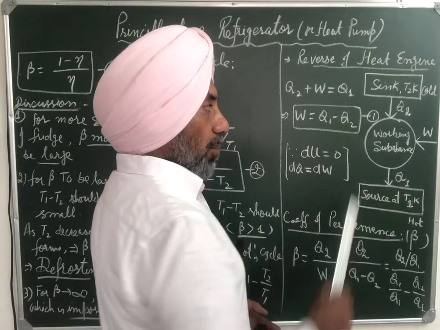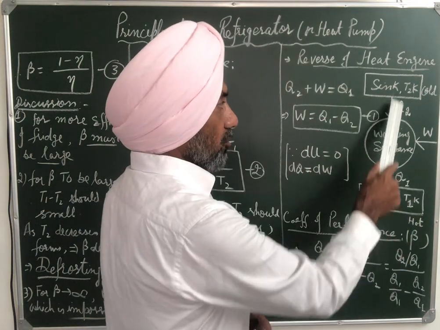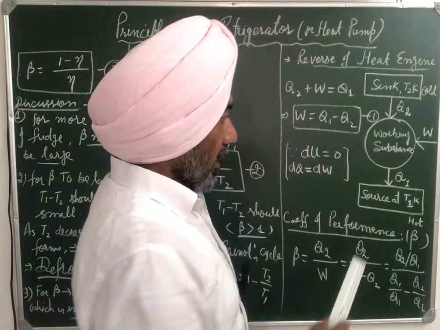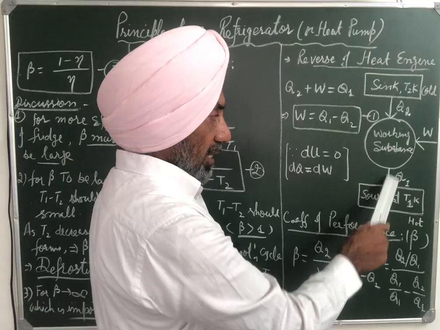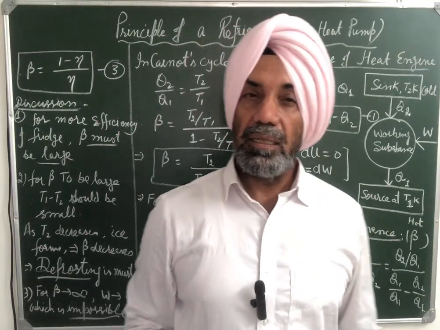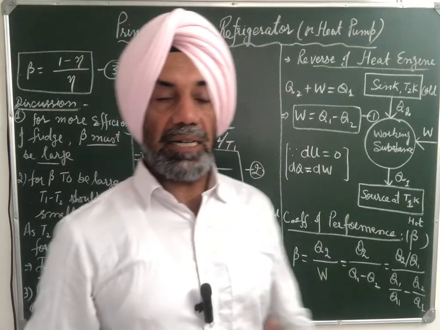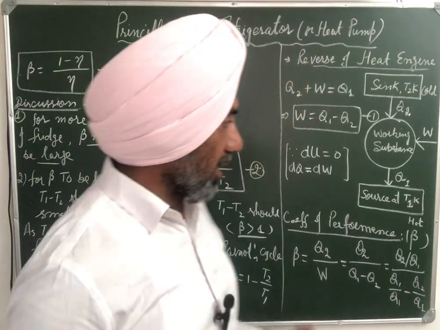Now, W is the amount of work done upon the system in order to take heat from the sink. Then the whole heat is transferred to the source. That is Q1, the amount of heat rejected to the source, that is the room, the atmosphere outside the fridge.